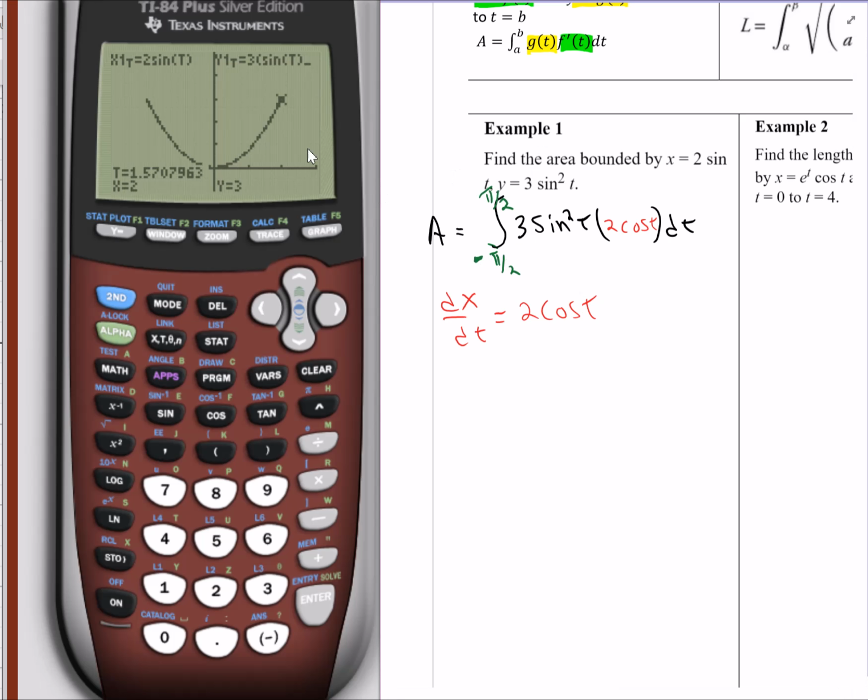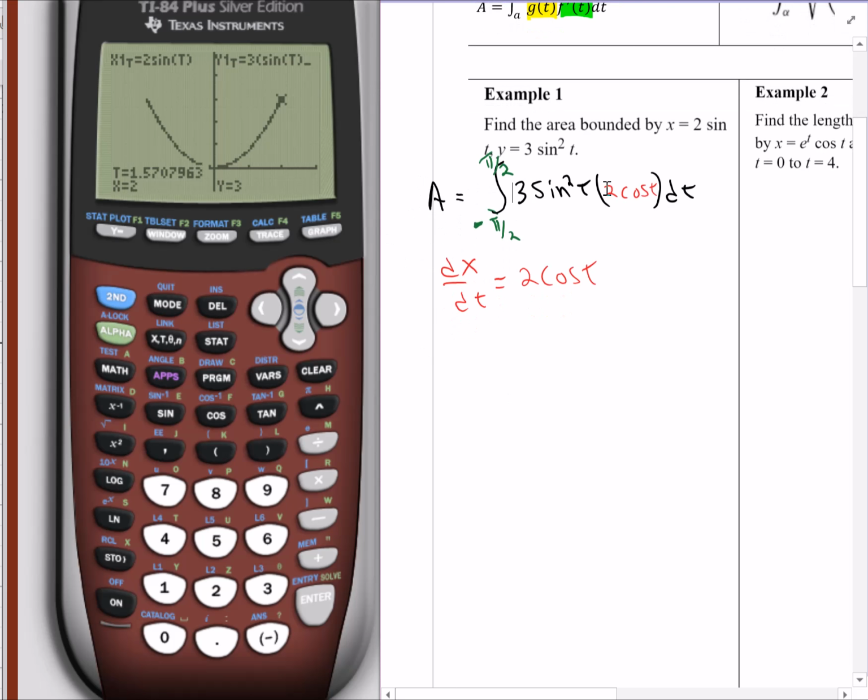It's the farthest right it can get is at t equals pi over 2, and the farthest left it can get is at t equals negative pi over 2, or 3/2 pi. And I think we could, let's check this, but I think you could actually go from pi over 2 to 3 pi over 2, and you should get the same answer. And we'll check that in a second.